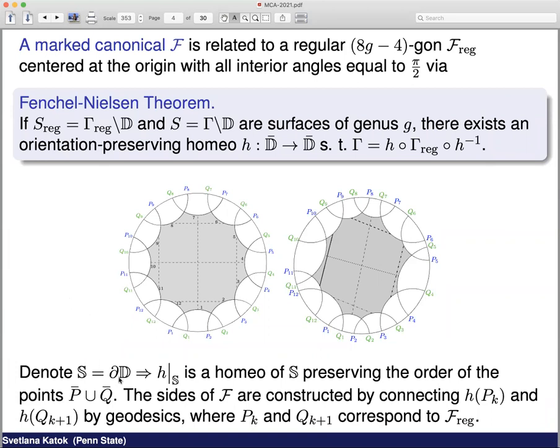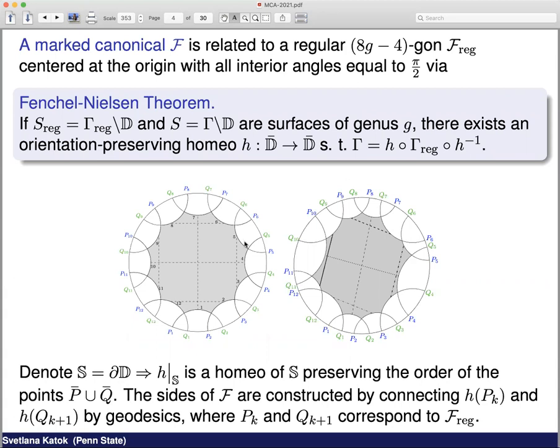If we denote S the boundary of the disk, then H restricted to the boundary is a homeomorphism of the circle, preserving the order of the points. These points, P's and Q's, are endpoints of the sides.